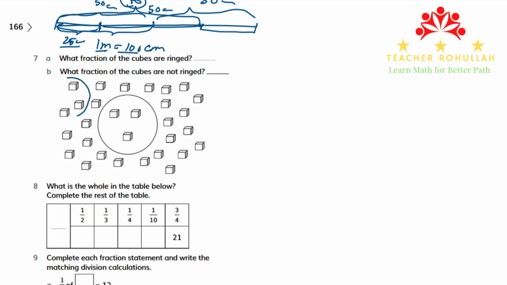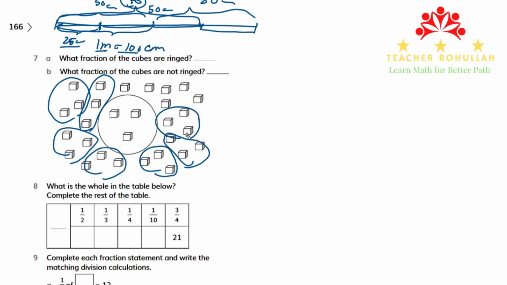So if this is one group, this is another group, this one is another group, and this is another group. Any number that we find, we can easily say what fraction is ringed. This is another group, another one, and here this one is another group, and the last one.